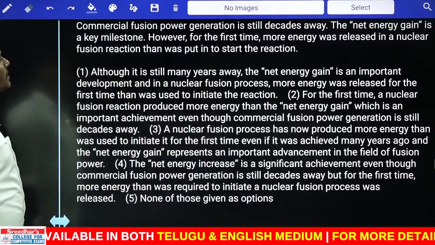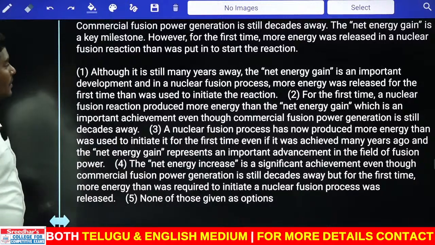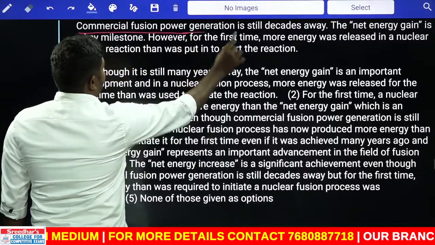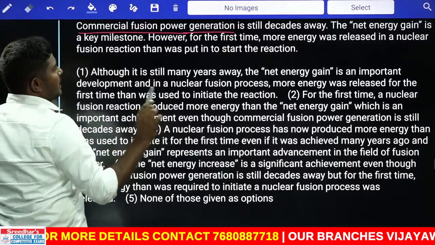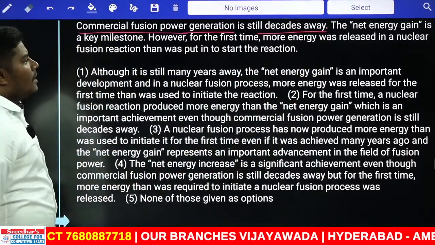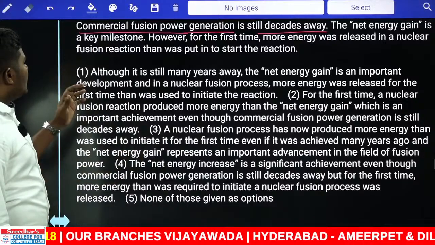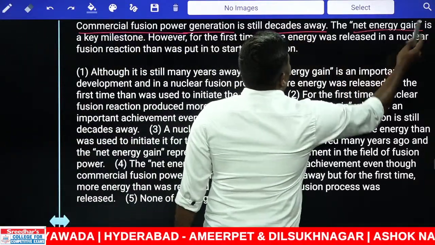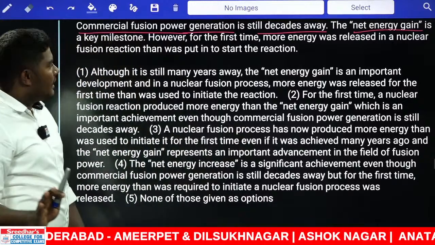Commercial fusion power generation is still decades away. We are speaking about commercial fusion power generation. That means we need so much time. The net energy gain is a key milestone. So since this is decades away, net energy gain is the main point here.